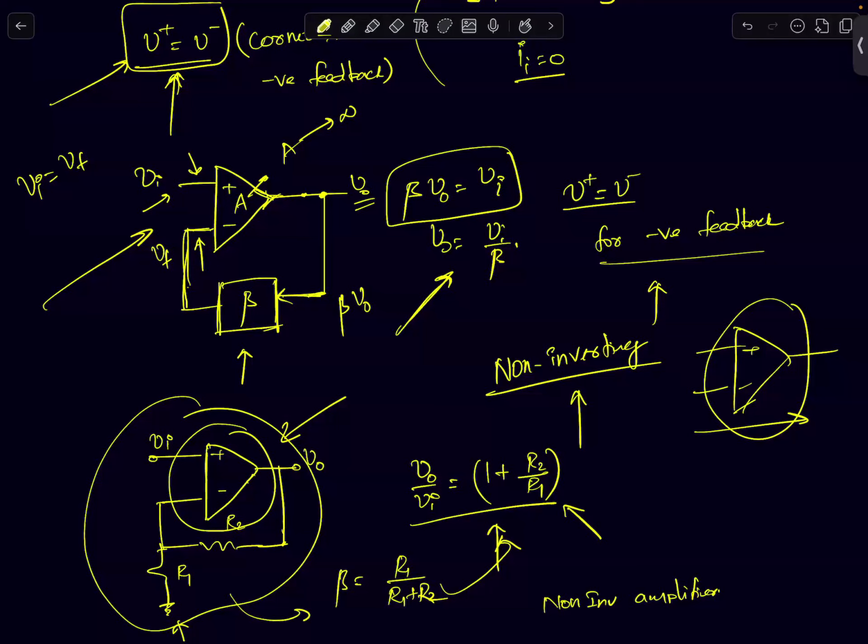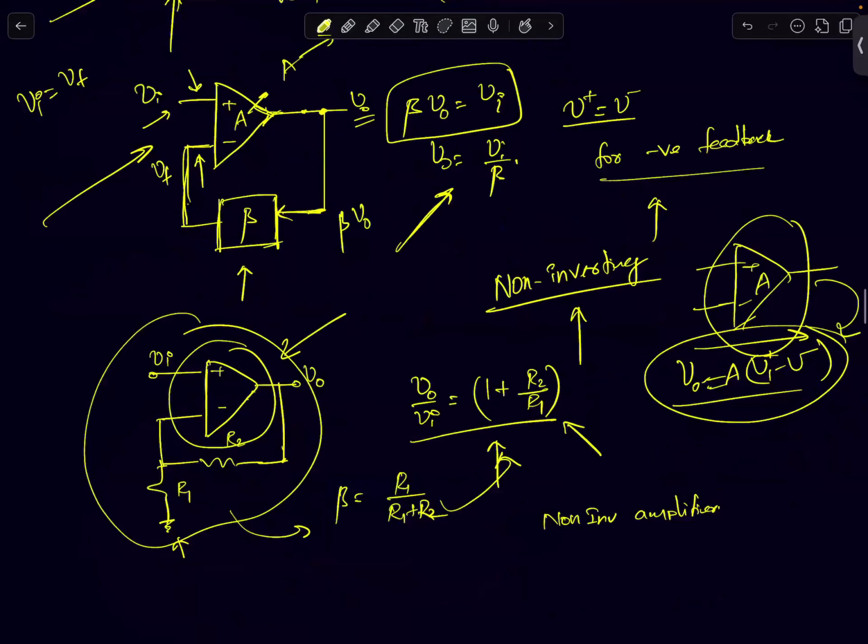And what is this device? It's a device with a very large gain, and it amplifies the difference between two signals. Your output voltage is simply A times (V plus minus V minus). That's the function of this 3-terminal device.